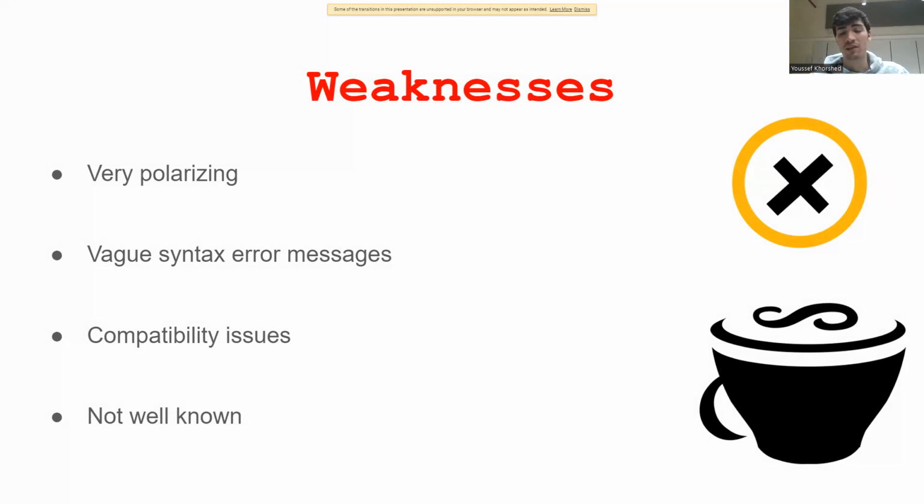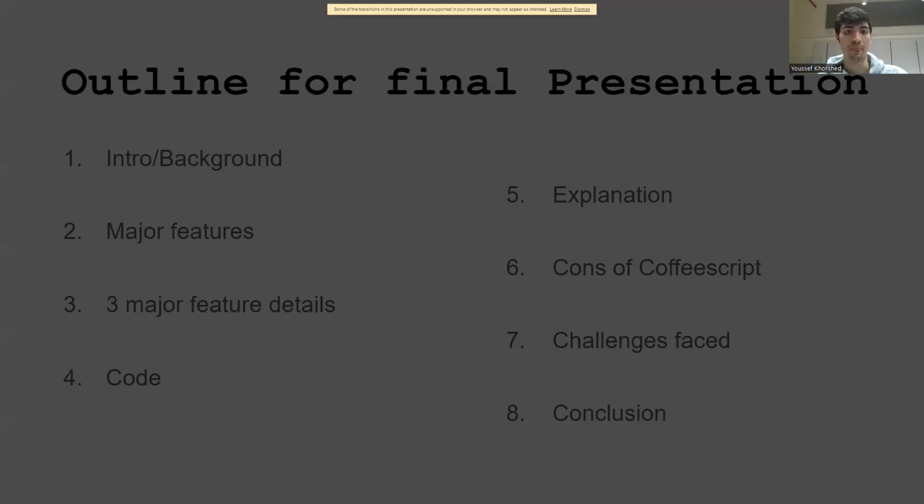They also have compatibility issues because they constantly update their software and compiler versions, meaning that if you have written code two years ago and you compile it with a different compiler, you can have a different JavaScript output. And another weakness is that it's not very popular in the language community.